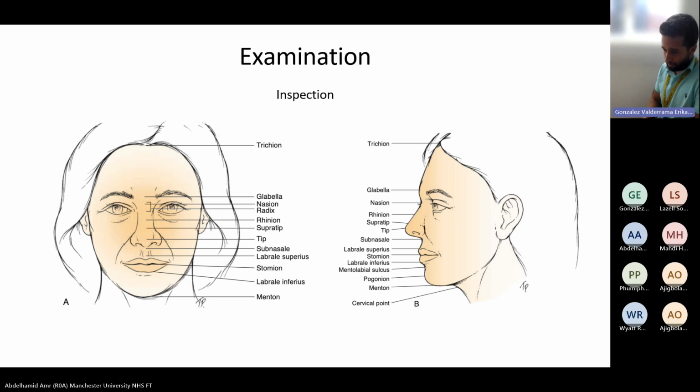Okay, so inspection, we generally, when we inspect patients, look at them in different views, so frontal, lateral, and basal views. This is a little bit more advanced. I'm not going to go into too much detail about this, but if there's any registrar joining the teaching or looking at that presentation, there are important landmarks where you need to know the terminology, and this is quite important for the FRCS exam.